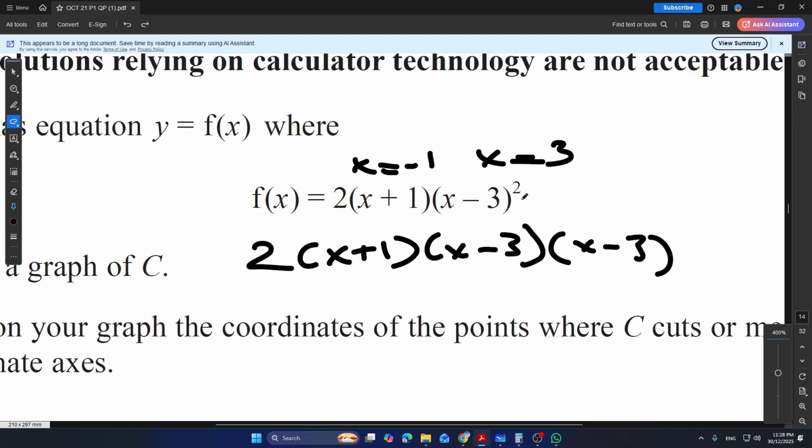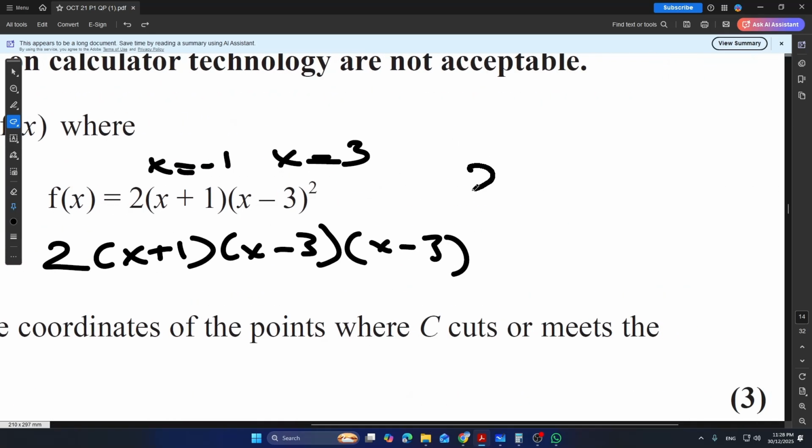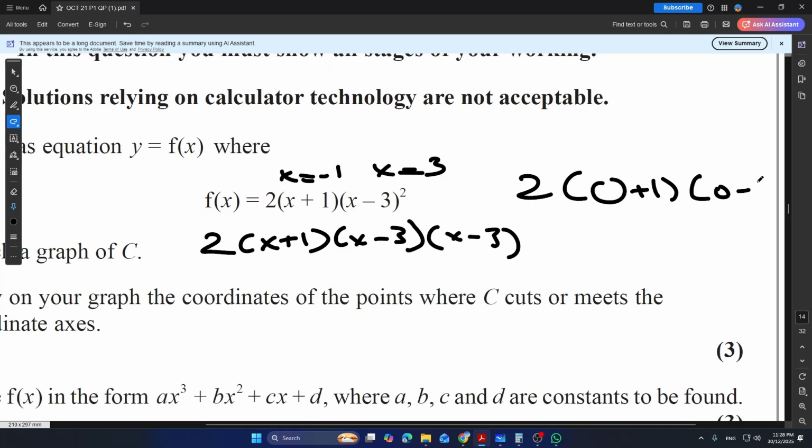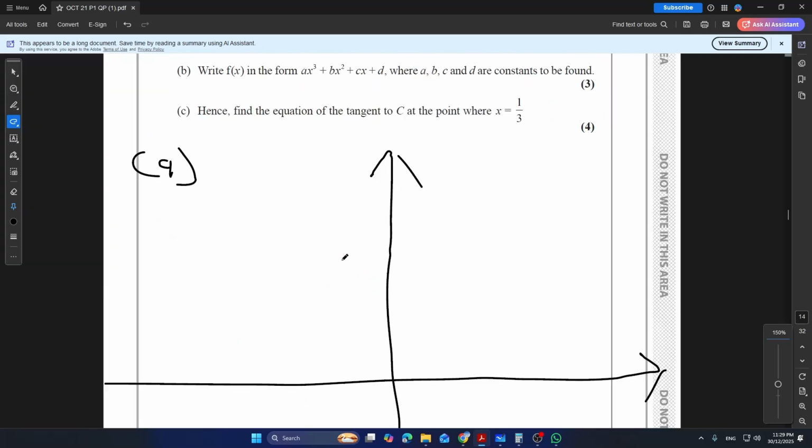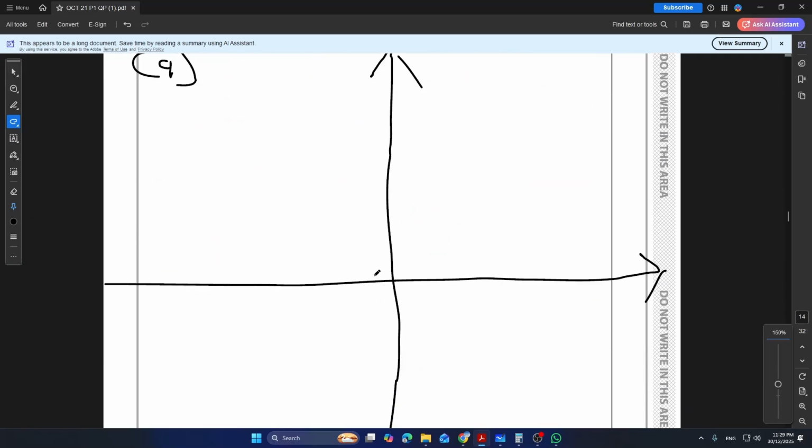For the y-intercept, we make x equal to 0. So I can write 2(0 plus 1)(0 minus 3) squared. Put this in the calculator, you get the y-intercept, which basically means where the line crosses y. We get 18.